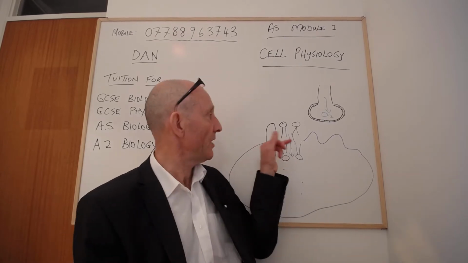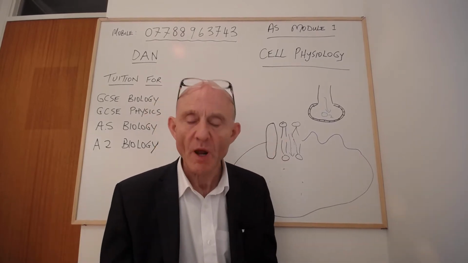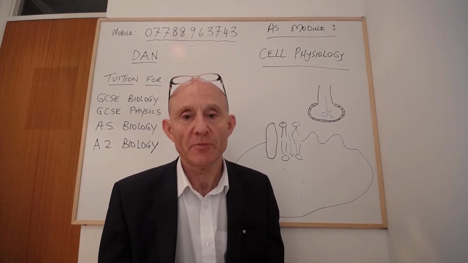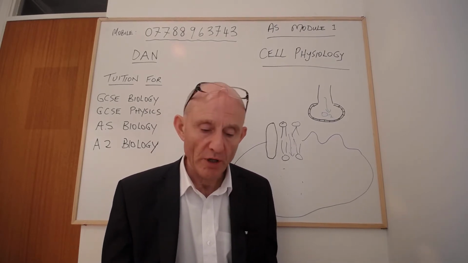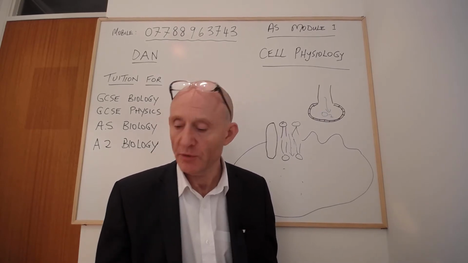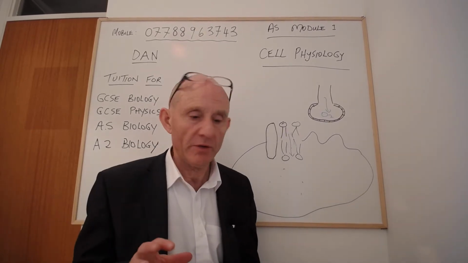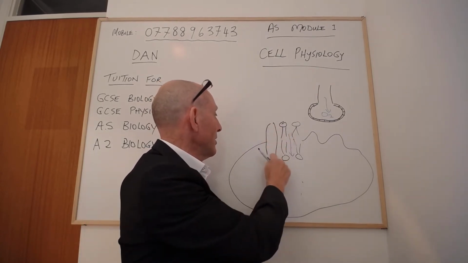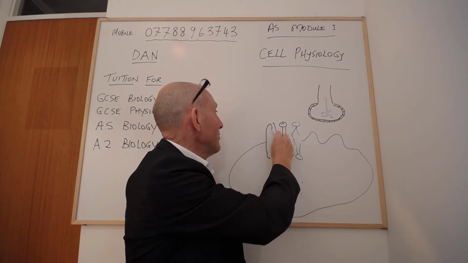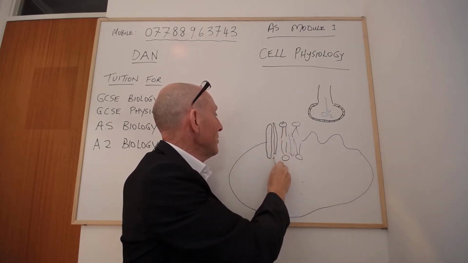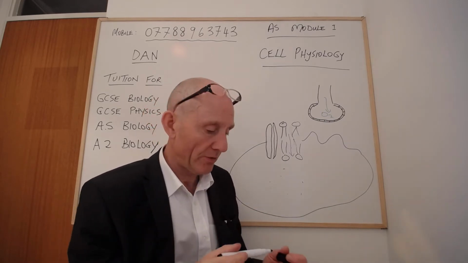Now, these proteins are what let these molecules get through, and there are two kinds of proteins that are involved. There are proteins called channel proteins. Channel proteins are what their name says, and I'll just do a very rough diagram. A channel protein is simply a protein with a channel through the middle, sort of like a space that runs through the middle.